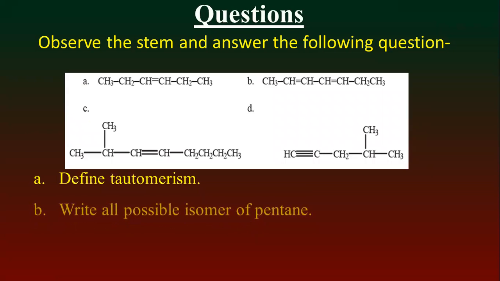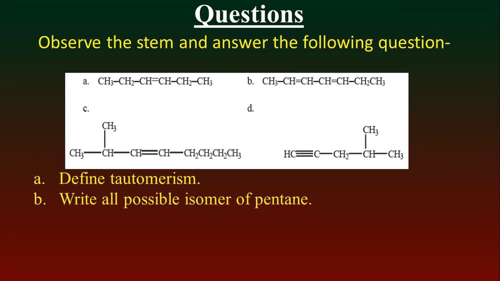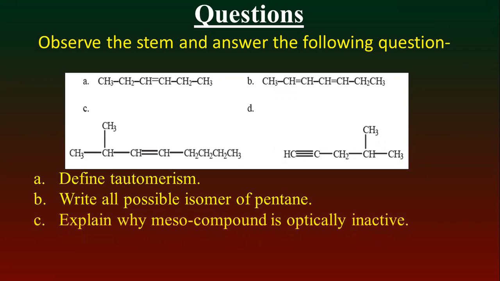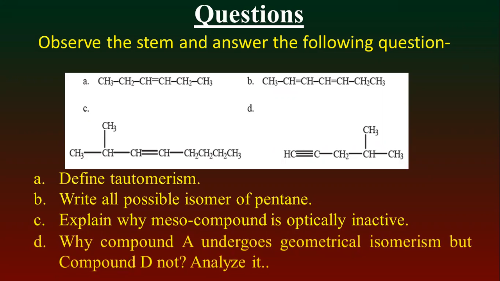The following question is the definition of tautomerism, and then write all possible isomers of pentane, and explain why a meso compound is optically inactive. You will solve that question in the next class after understanding it. And finally the last one is an analytical question: why compound A undergoes geometrical isomerism but compound D does not. I think this is the easiest type of question here.